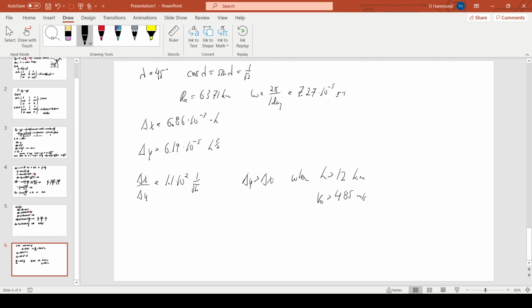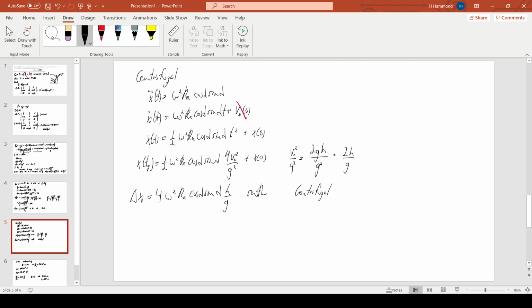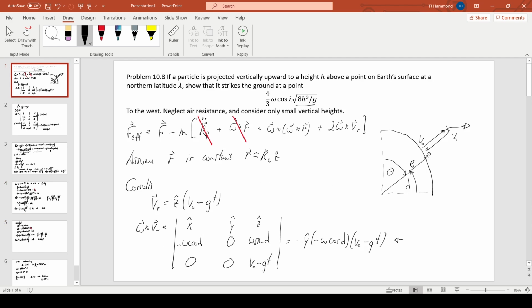But the point is that as this thing travels up, it will move to the south due to the centrifugal acceleration or centrifugal force, and it will also move due to the Coriolis force to the west, and so that thing will actually come out of the board towards us. So if we fire something straight up, say, straight up in Windsor, then this thing's going to end up in Toledo or something like that, depending on how high we fire this.